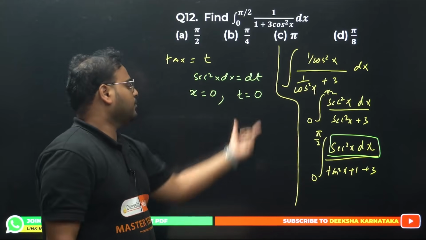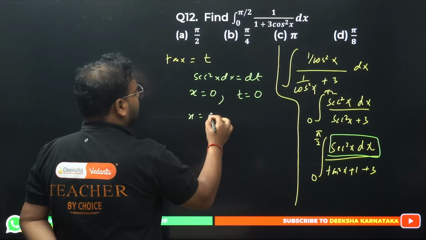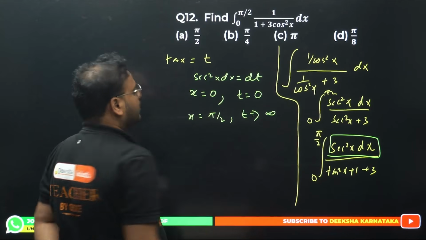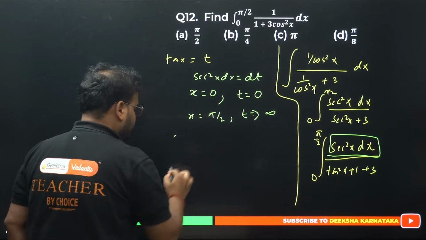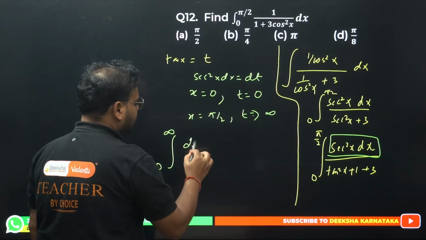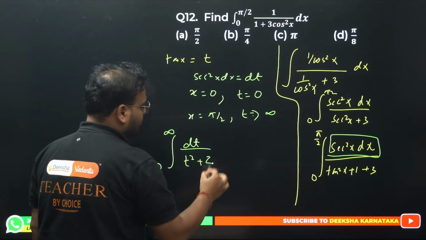Tan of 0 is 0. When x is pi by 2, t is going to be infinity, because tan pi by 2 is infinity. The limit changes: 0 to infinity, dt in the numerator, and over here we have t square plus 4.